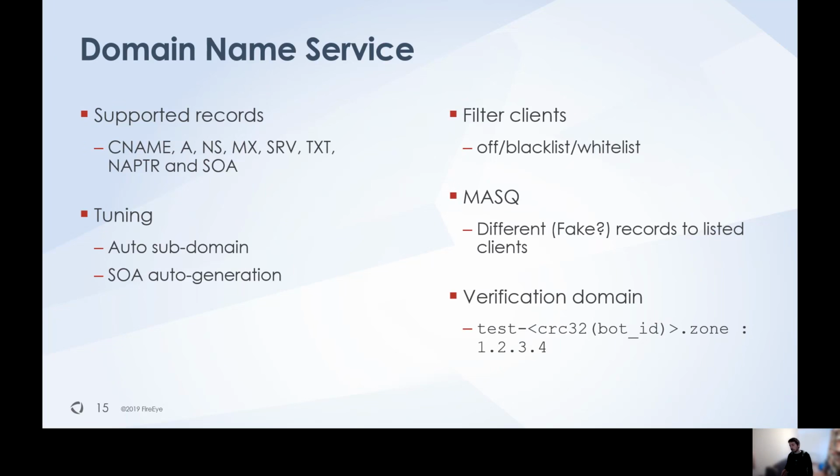Another interesting feature is they can implement whitelist and blacklist on the DNS server. So if you're blacklisted, the DNS server won't reply to your DNS requests. Also, they have a masquerade list.